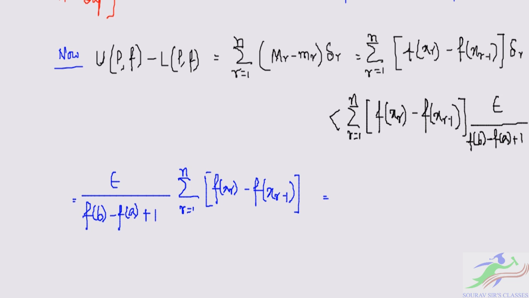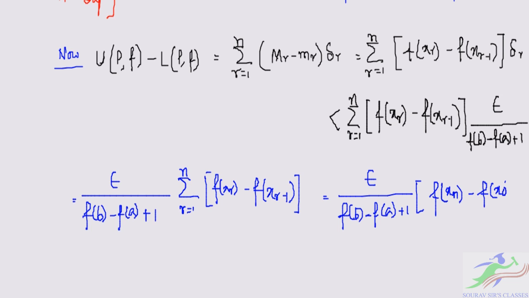Removing the summation, it will be f of x n minus f of x 0, right?